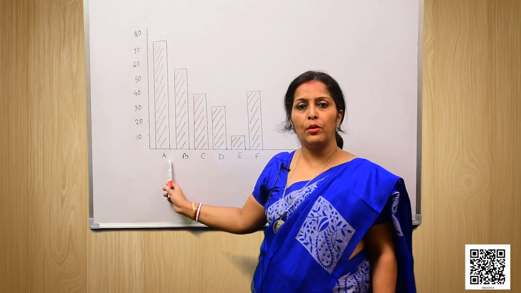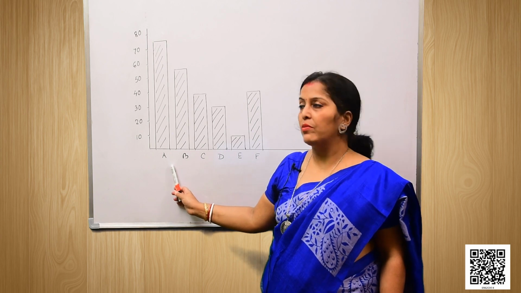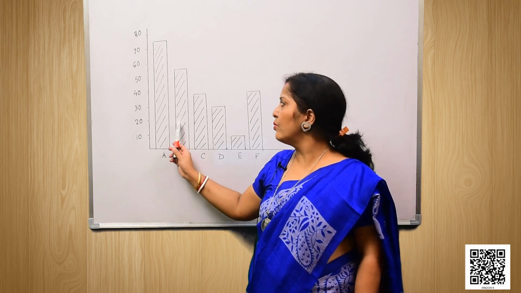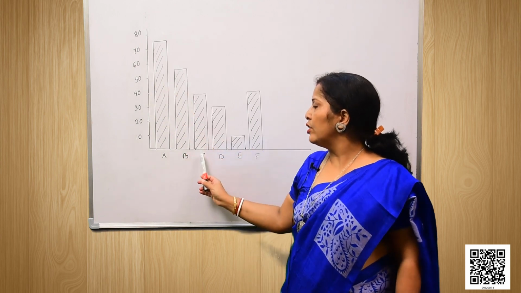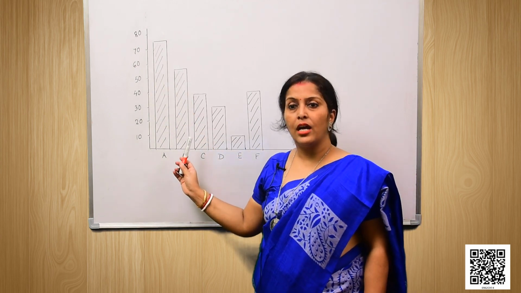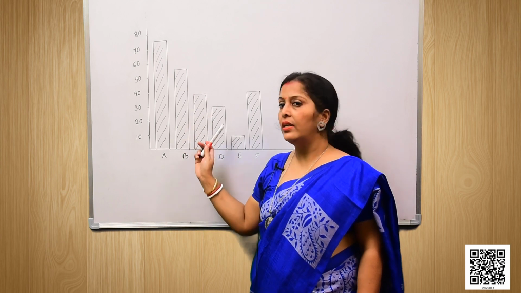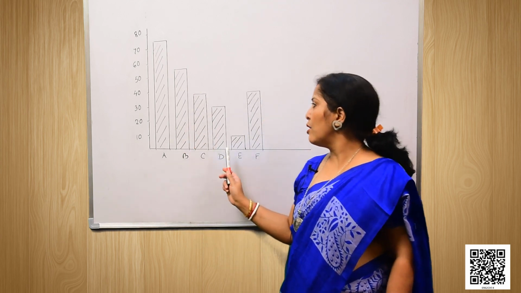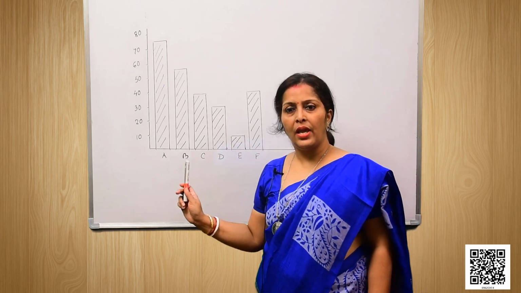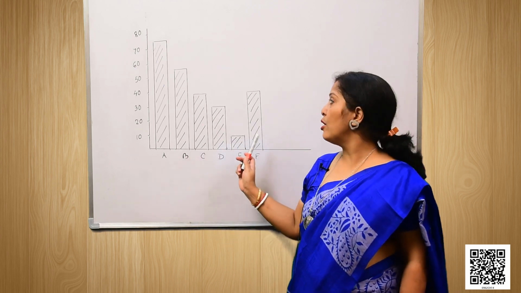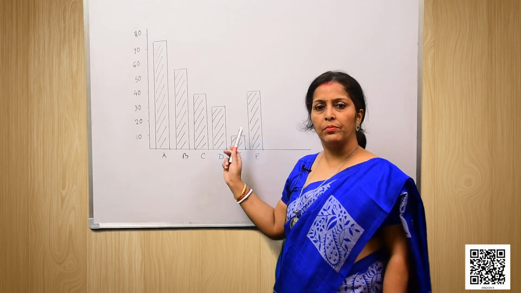On top of political party B, which won 55 seats, the bar is up to the mark 55. Then party C is up to the mark 37. Then party D is up to the mark 29. E is up to 10 and the last, F, is up to the mark 37.